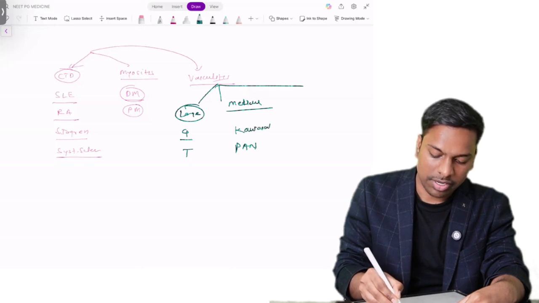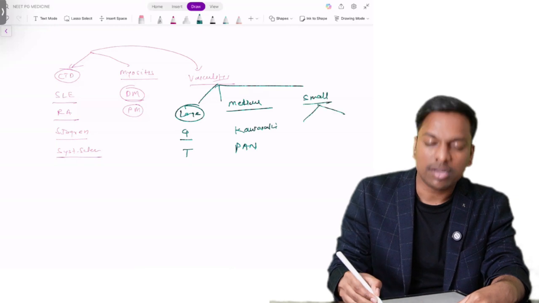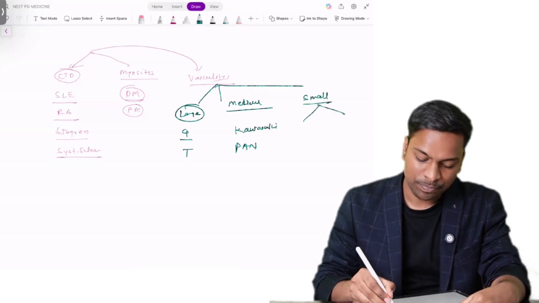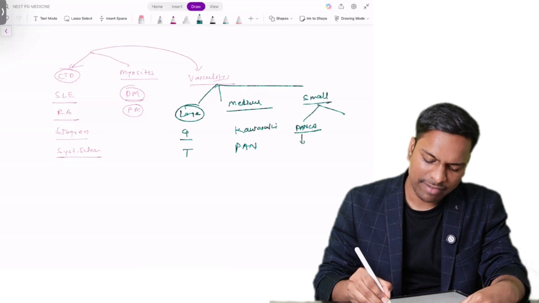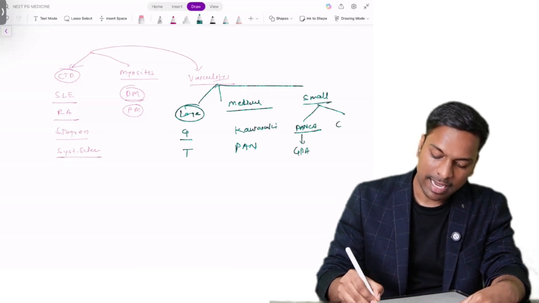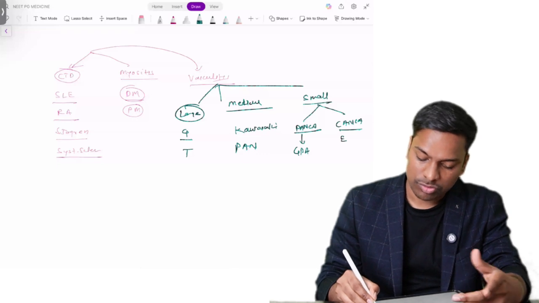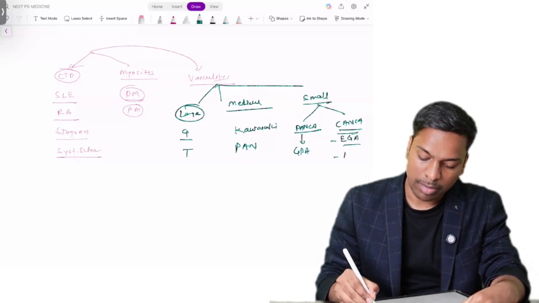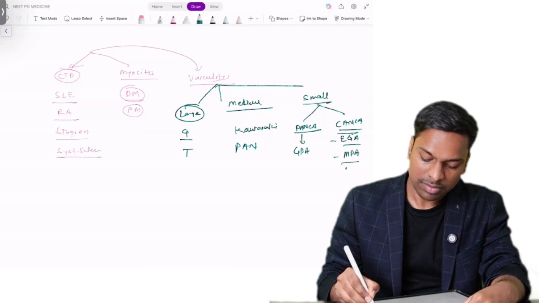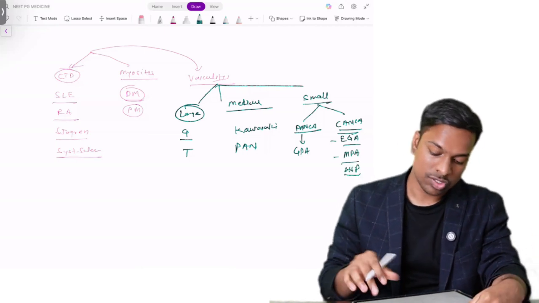And if you talk about small vessel vasculitis, again depending on the ANCA positivity, if it's P ANCA, we have granulomatosis with polyangiitis, and C ANCA, we have EGPA, eosinophilic granulomatosis with polyangiitis, and also MPA is there, HSP is there. So these are all included in the ANCA positive vasculitis, right?